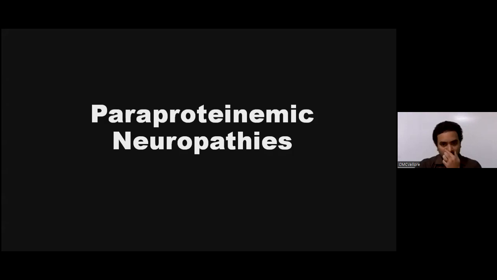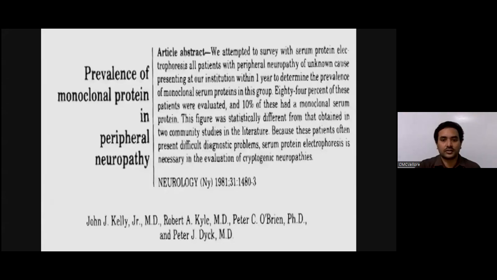So today our topic is a brief description regarding the paraproteinemic neuropathies. Coming to the introduction, about 40 years back, around 1980, there was a Mayo study evaluating cryptogenic neuropathies. They found that around 10% of the cases had some monoclonal serum protein on protein electrophoresis.